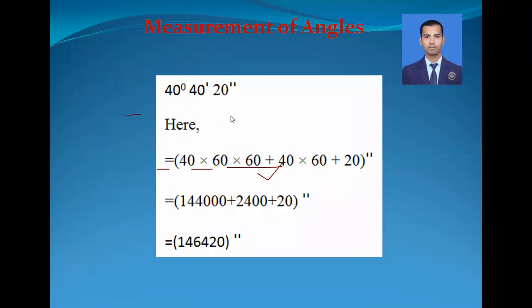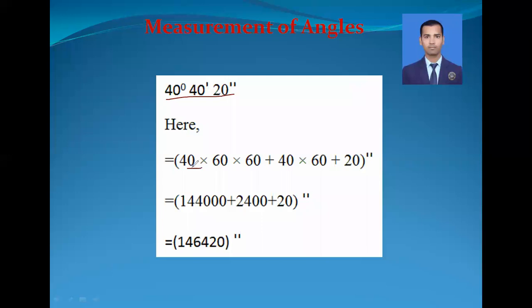Then, in the same type of question, sometimes the question would be like this: degrees, minutes, and seconds are given. At that time, we should multiply the degree, because we are converting it into a smaller unit. Degree is the greatest unit, and the minute and second are smaller units than degree.